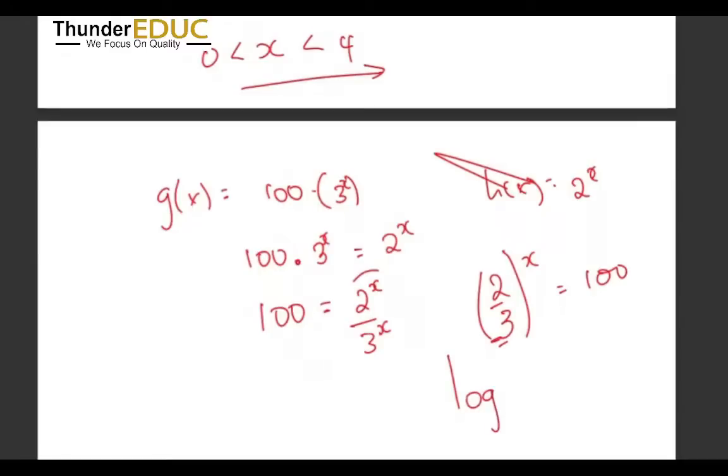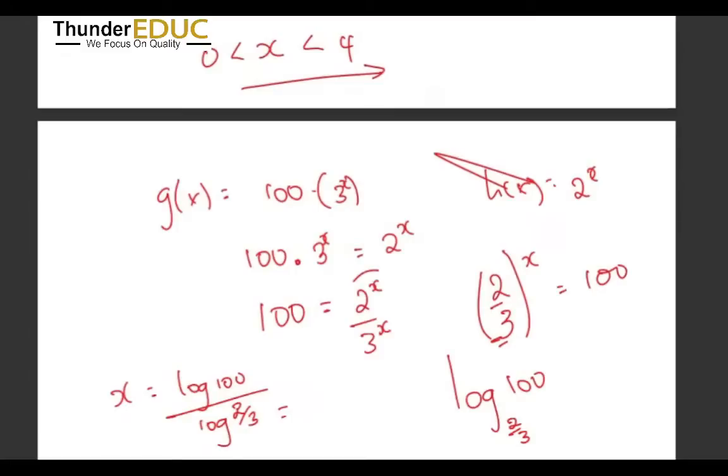So we can say log base 2 over 3 of 100. I think this is the quickest. Or you can say your x is equal to the log of 100 over the log of 2 over 3. So either way, we should be able to arrive at the same answer.